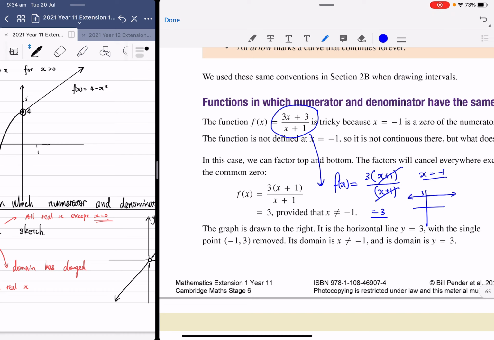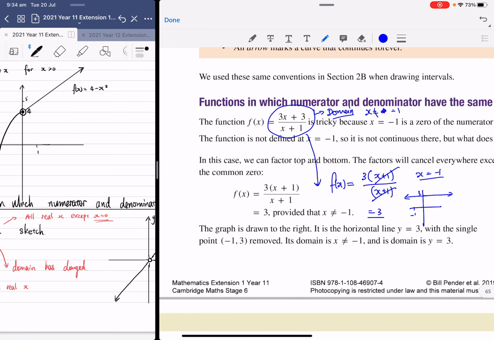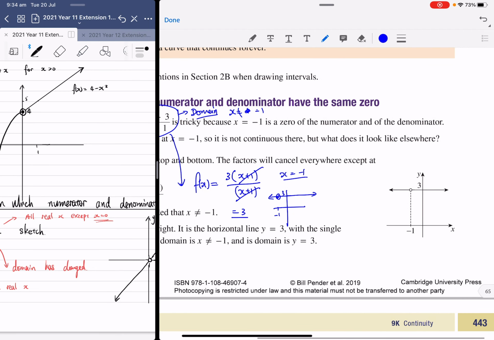However, you need to remove the point, because according to the original function, the domain is x not equal to -1. So you can't have x equal to -1. When x is equal to -1, you need to remove that point by changing it to an open circle, and this is what they have done here for the function.